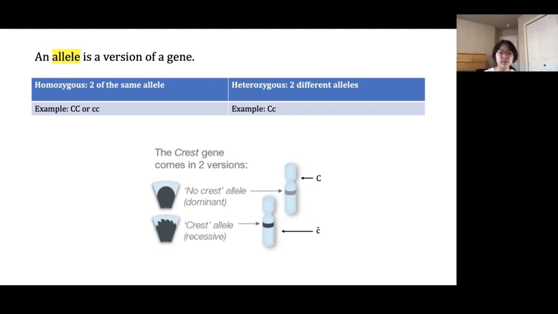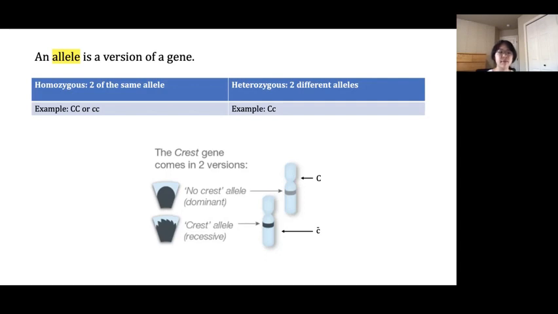For example, down below, you can see that the crest gene comes in two versions, the no crest and the crest allele. These are represented by a capital C and a lowercase c. If you have two uppercase C's, it's pretty easy to see that because both parents have no crest, the children will also have no crest.